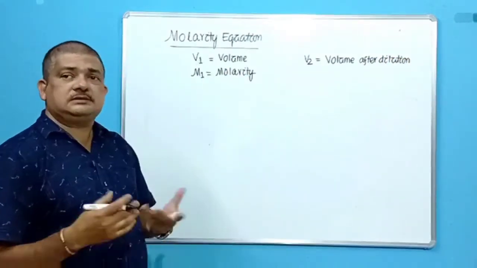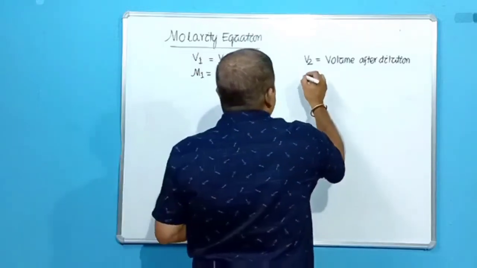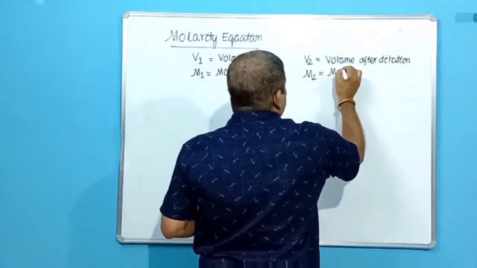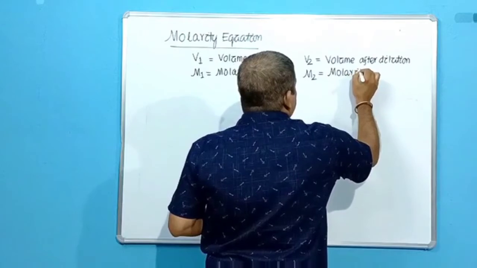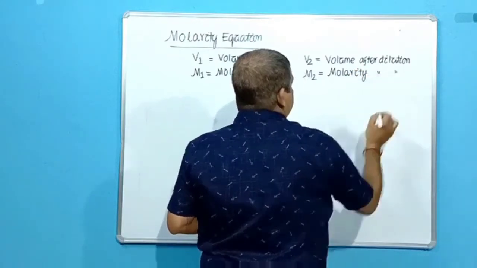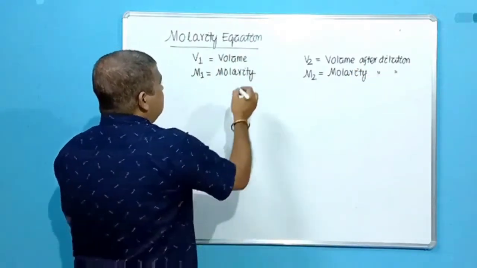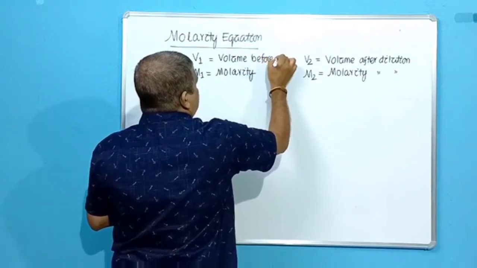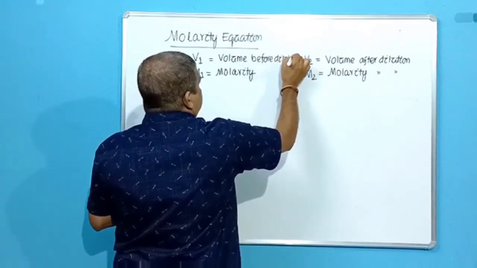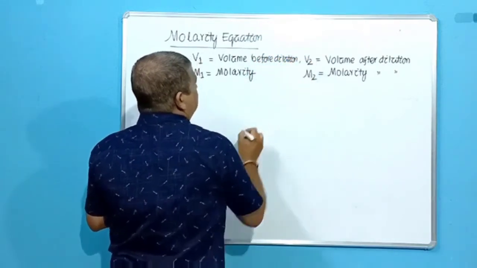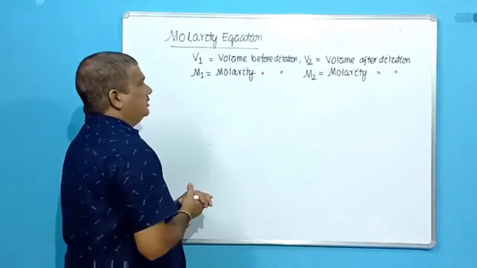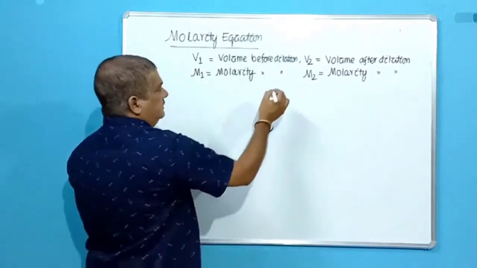When the volume changes, molarity will change. So what will be the new molarity? Let it be M2, that means the new molarity after dilution. V1 is the original volume before dilution, and M1 is the molarity before dilution.